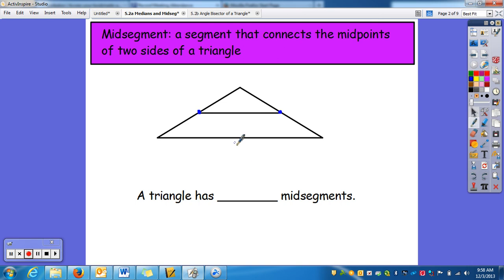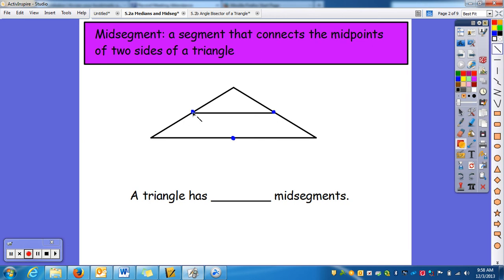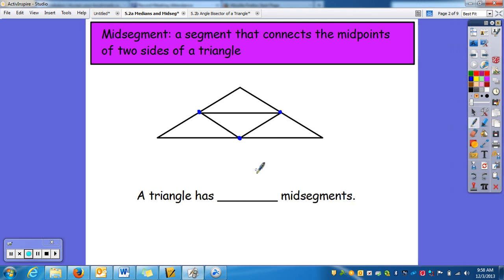Well, if you connect all the midpoints together, we have a total of 3. Each of these lines, and notice inside they form a triangle formed the opposite way.